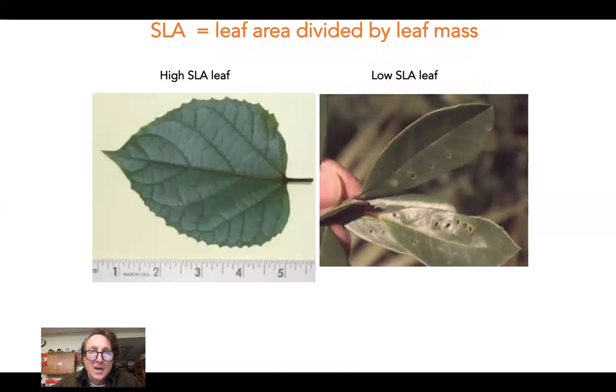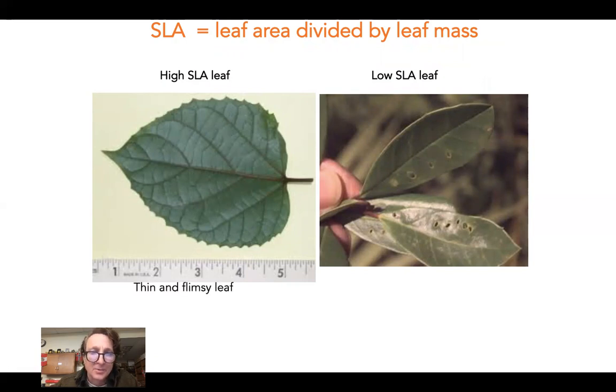All right, so SLA. This is a trait that we'll likely be talking a lot about. SLA is the area of the leaf divided by the mass of the leaf, that is, how heavy the leaf is. A low SLA leaf, think of it as a very thick or leathery leaf, a leaf that's very hard to break.